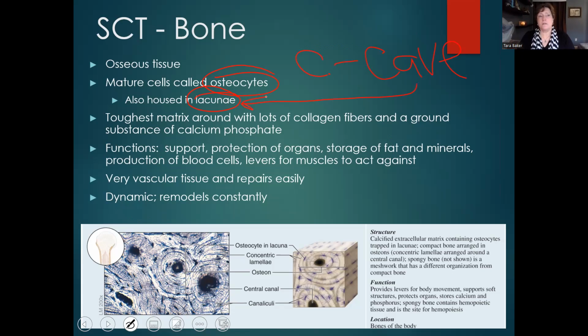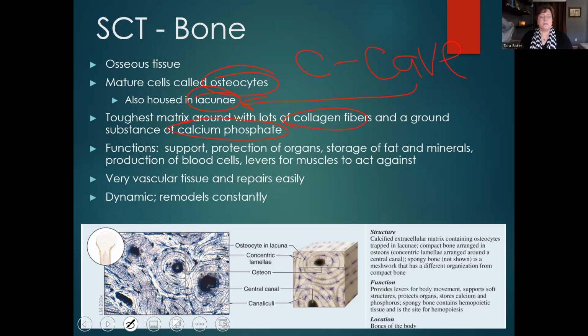Okay, the bone tissue obviously is really, really strong, and it's got a lot of collagen in it, and it also has calcium phosphate. So we're going to talk about that when we get into the skeletal system. So bone is made up of collagen proteins and calcium phosphate. A lot of times we just think about bone as really hard, but bone also has collagen in it, so it is slightly flexible.